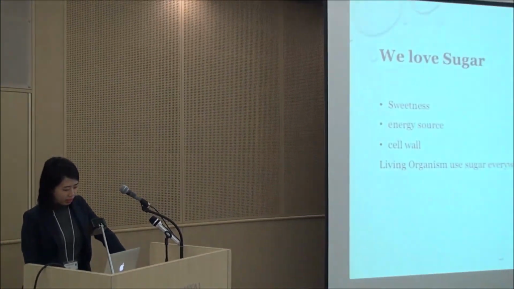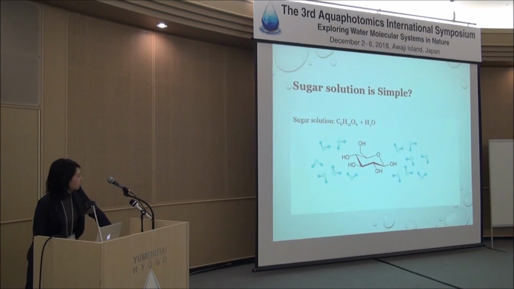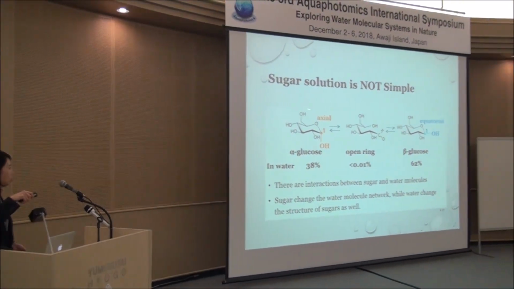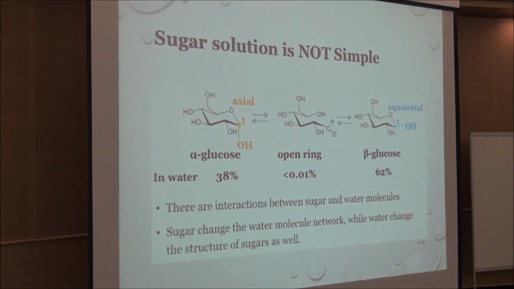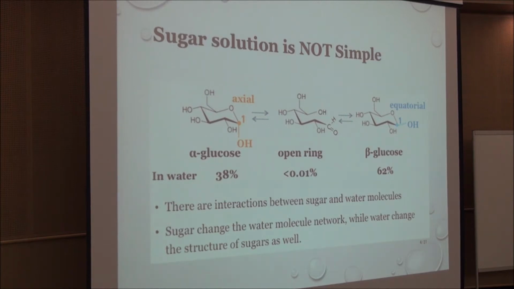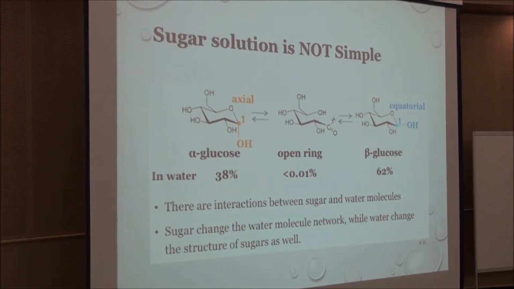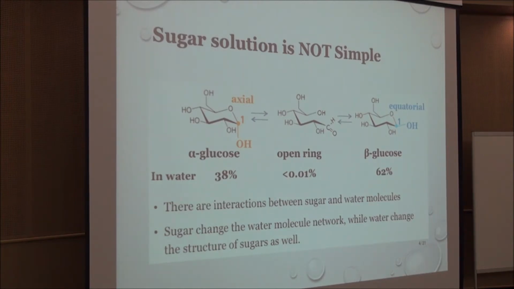So in the crystal, the glucose is alpha form. This alpha glucose is measured almost 100 percent in the crystal. Beta glucose has water here. There is a hydrogen bond between water and glucose in the beta glucose, but in the crystal, there is no interaction between water and glucose.